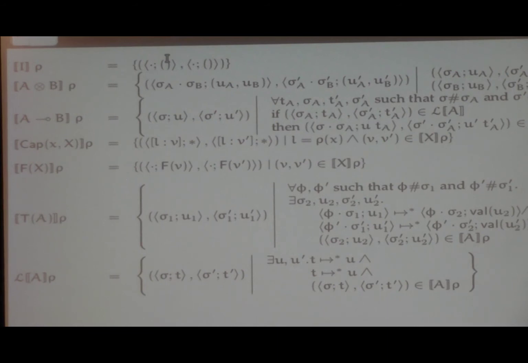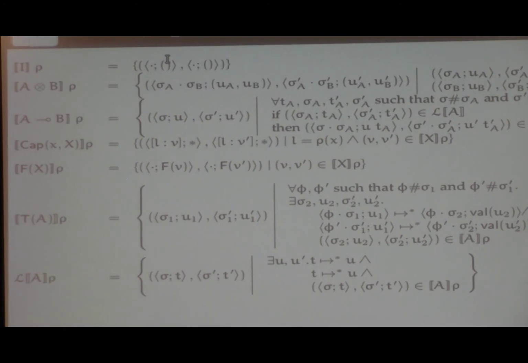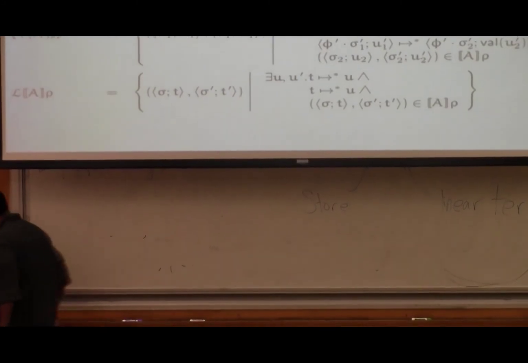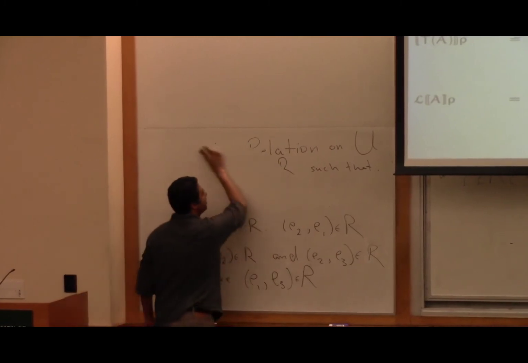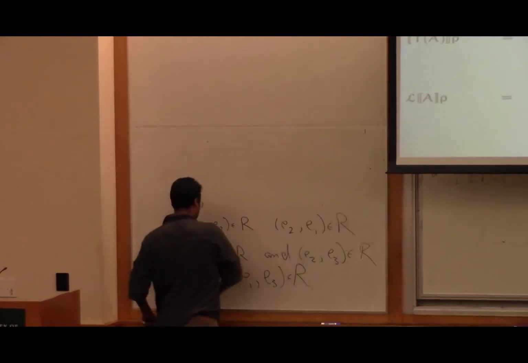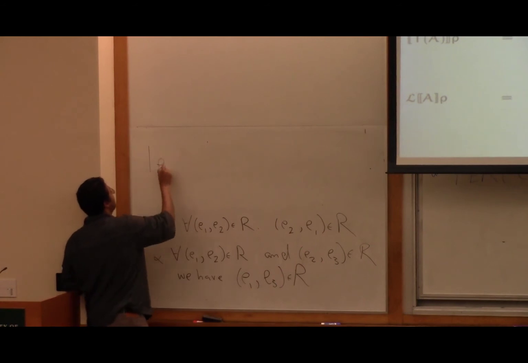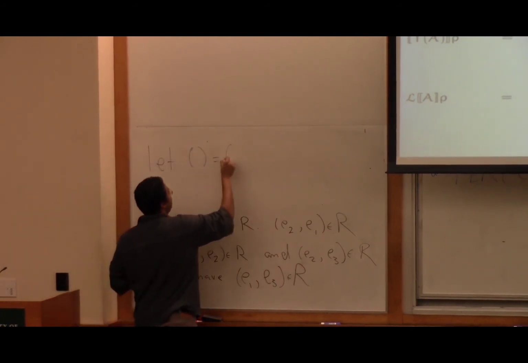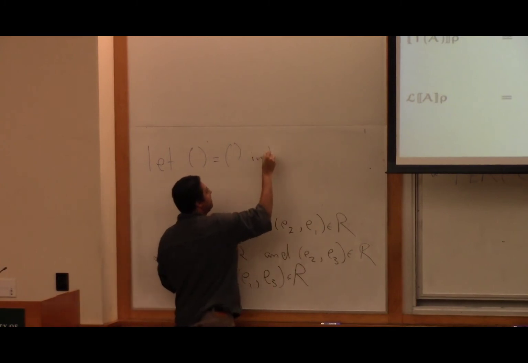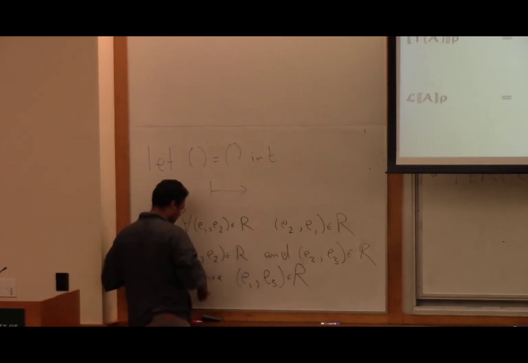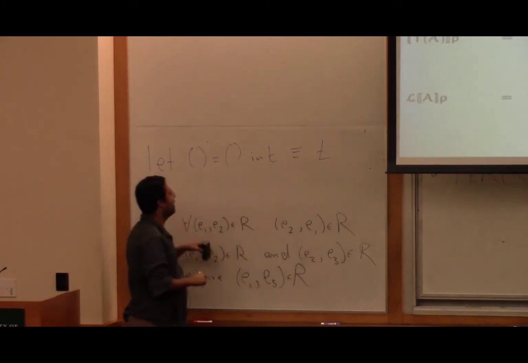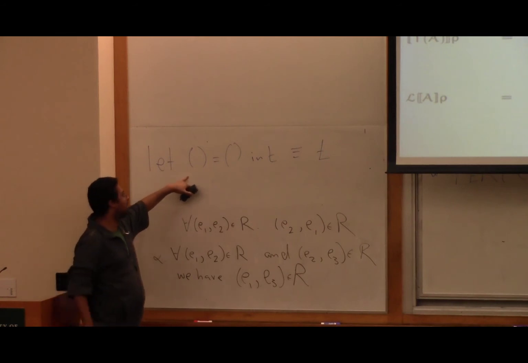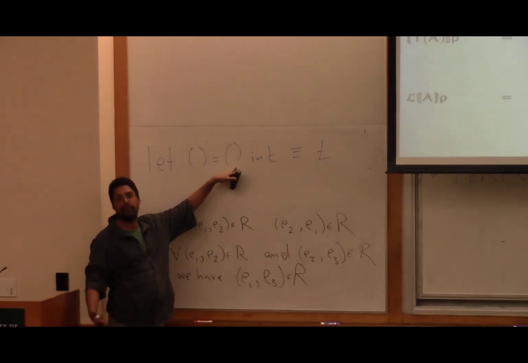And the reason for that is that we have an elimination form for the unit linear type, which is a pattern matching elimination. So what we're doing is we have a rule that says, oh, if you see let unit equals unit in T, this thing should be equal to just T. And in our operational semantics, if this is not a value which is not unit, we get stuck.